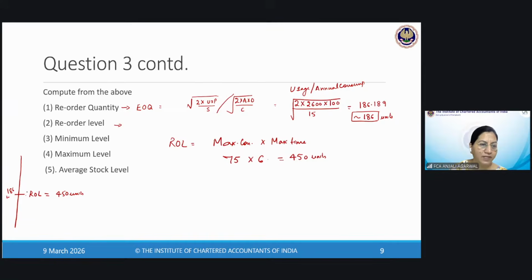So when you place an order for 186 units, when you already have 450 units, your level will rise and you will reach a maximum level when you receive these units. So what should be the maximum level, formula for maximum level? You ordered at ROL, reorder level, and you ordered the ROQ or the economic order quantity.